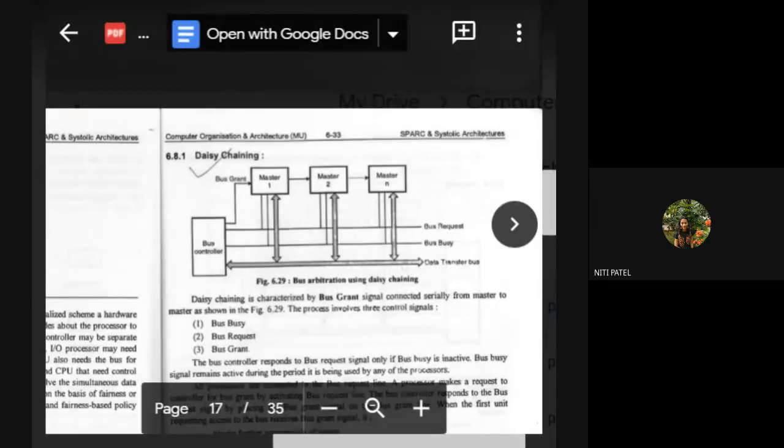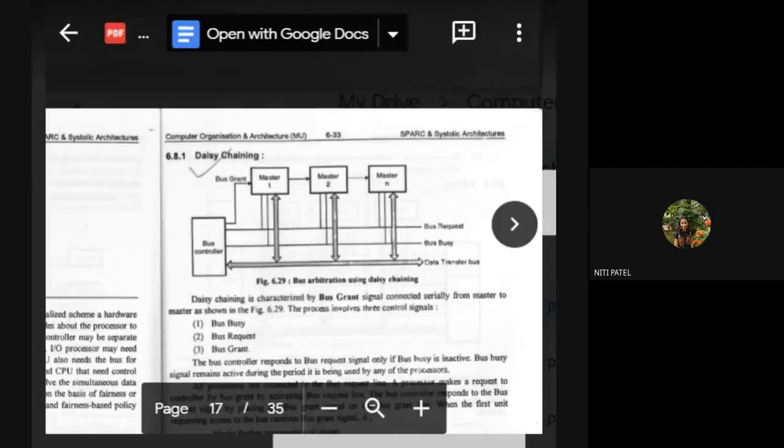If master 2 wants to send something to master n, again it will put that data on the data transfer line, and through the same line it will be copied into master n. So the data transfer bus is nothing but a carrier of data from one device to another, that is, from one master to another master, or from one master to the bus controller.